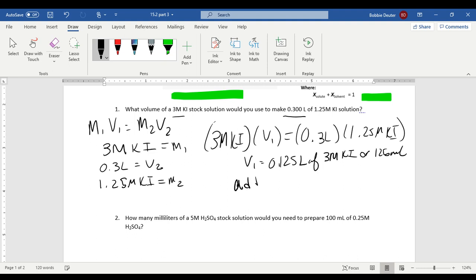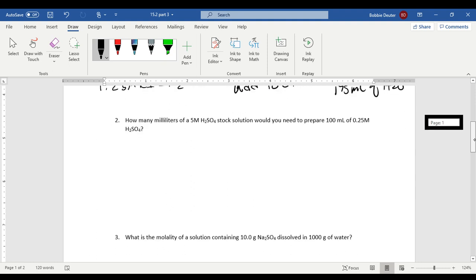You would add that to 0.175 liters, or 175 milliliters of water. And that would create your dilution for that. And that's what we actually do within the laboratory.